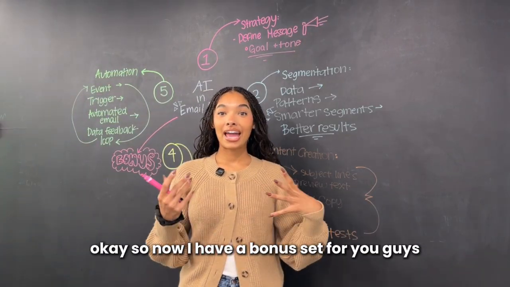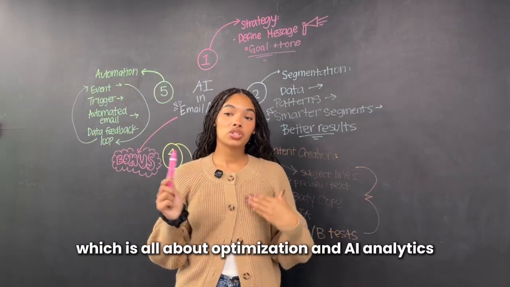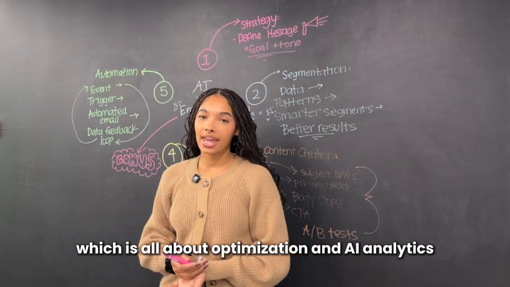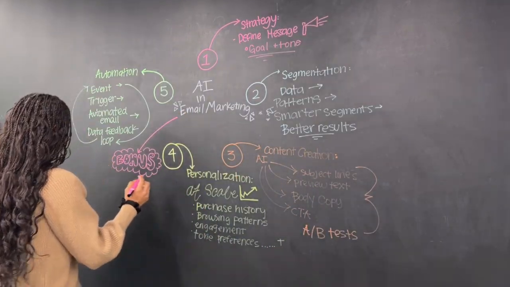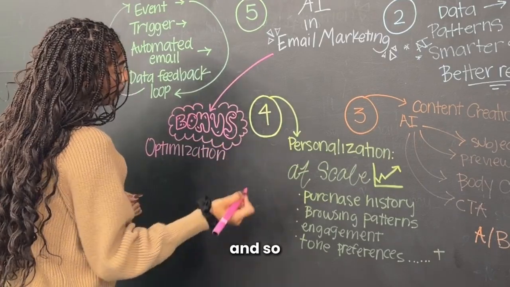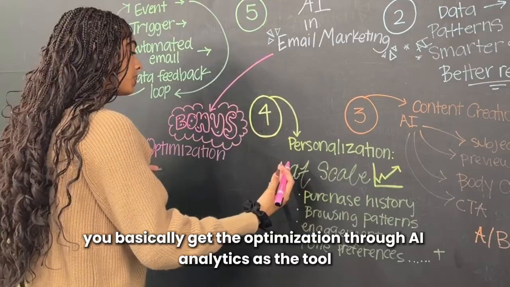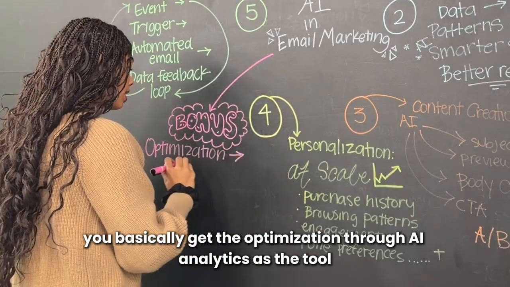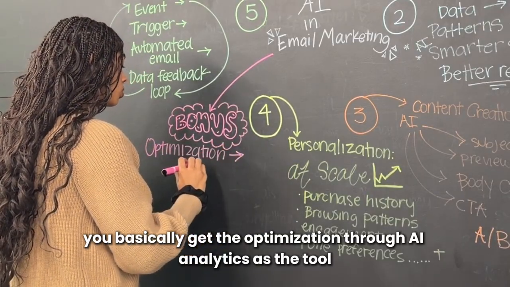Okay, so now I have a bonus step for you guys, which is all about optimization in AI analytics. So I'll write this over here. And so you basically get the optimization through AI analytics as the tool.